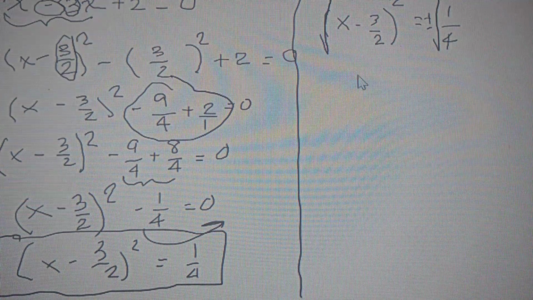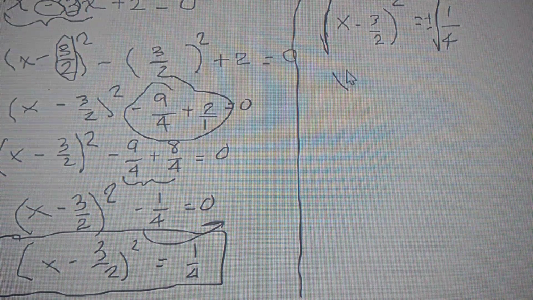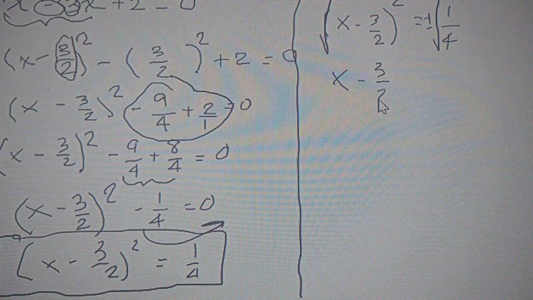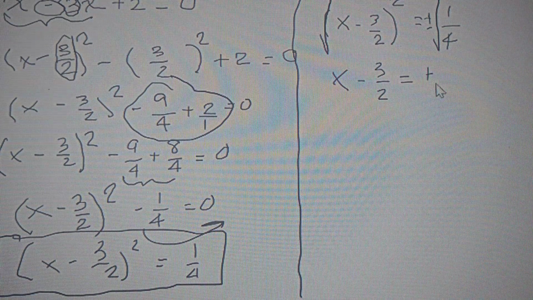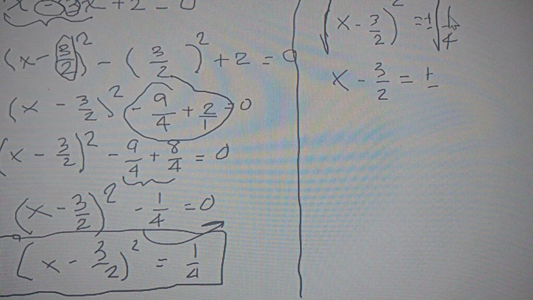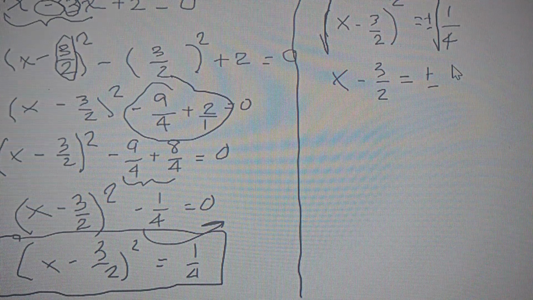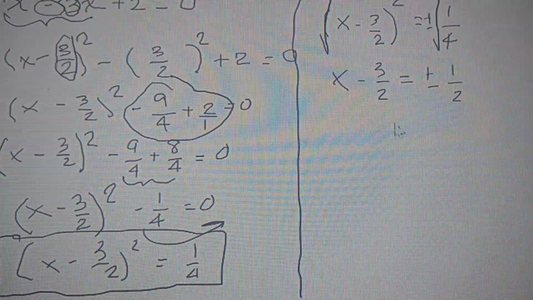So, by taking the square root on the left, I end up with x minus 3/2 is equal to plus, minus, square root of 1 is 1, square root of 4 is 2, plus, minus 1/2. And there it is.